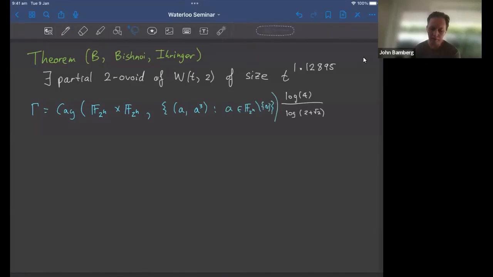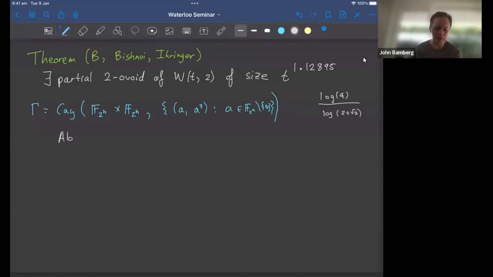It was the one that Noga Alon used to give a constructive lower bound for Ramsey R(3,t). So Alon used this graph, it's triangle-free, and he showed that R(3,t) was greater than t to the 4 over 3.